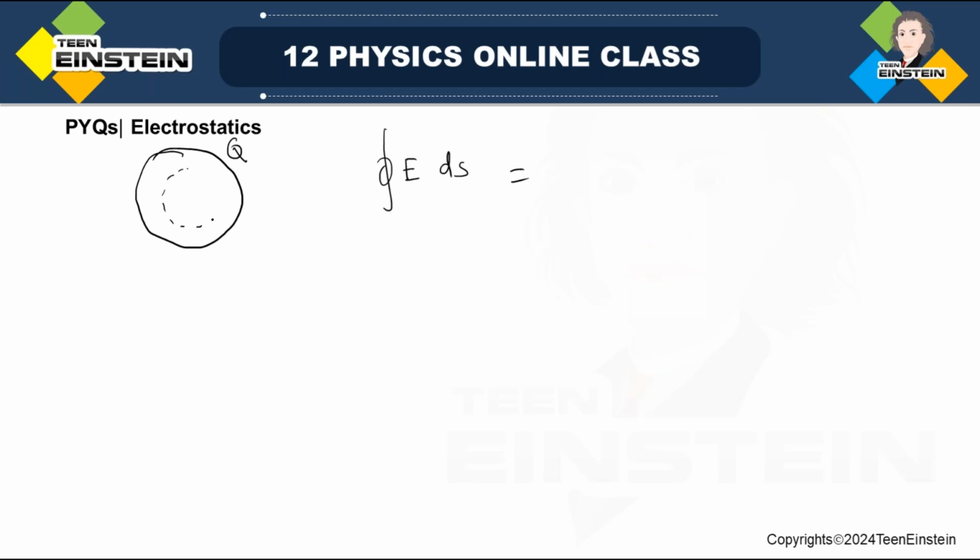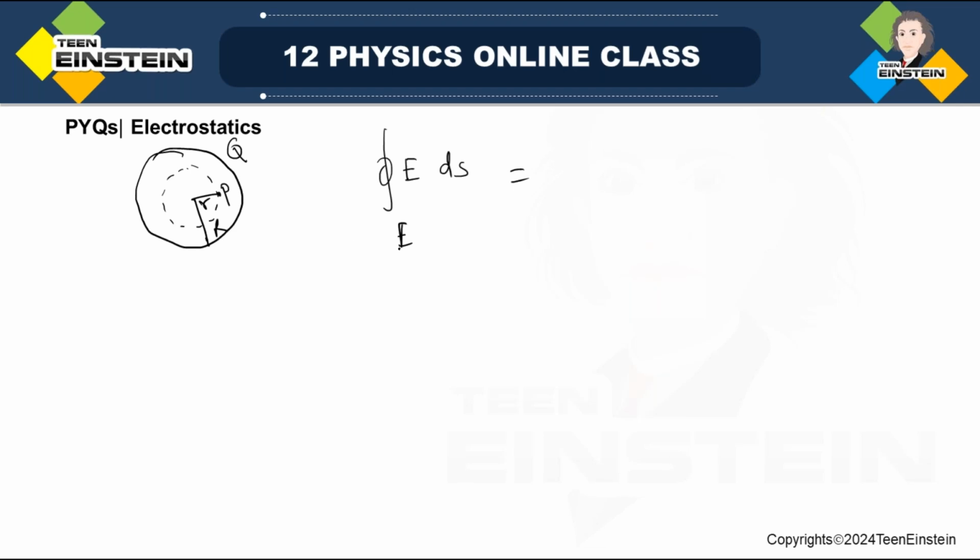Suppose the Gaussian surface is inside. This is small r, but this is capital R, the radius of the sphere. Suppose at any point p inside the sphere, I have to calculate the electric field at that particular point. Here you have to take the area.